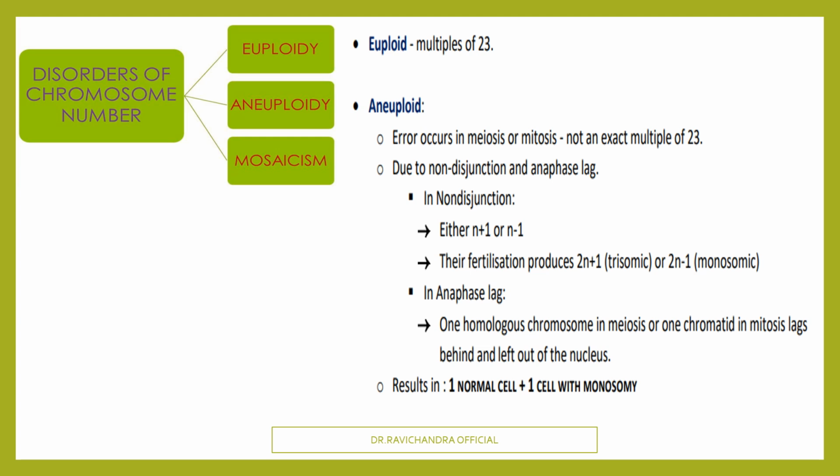In non-disjunction, either n plus 1 or n minus 1, their fertilization will produce trisomies or monosomies. In anaphase lag, one homologous chromosome in meiosis or one chromatid in mitosis lags behind and is left out of the nucleus, resulting in one normal cell and another cell with monosomy.